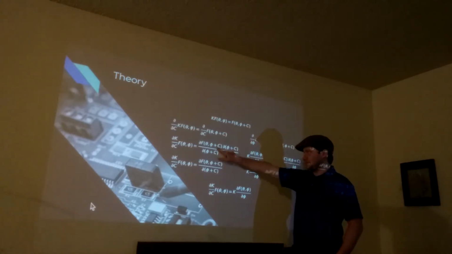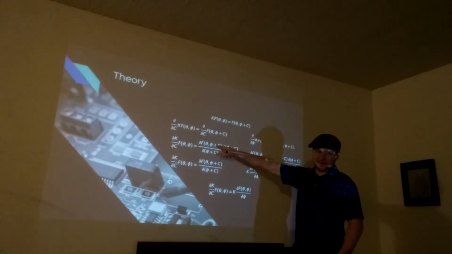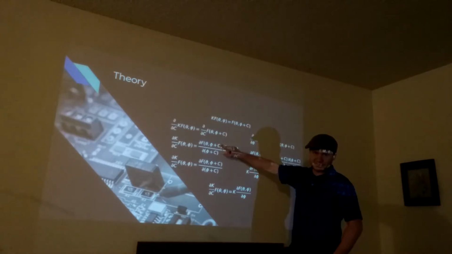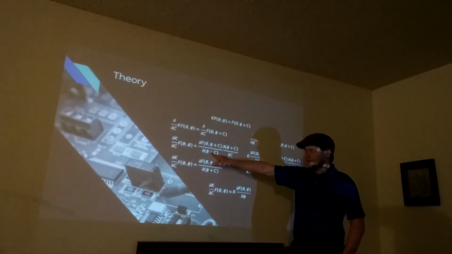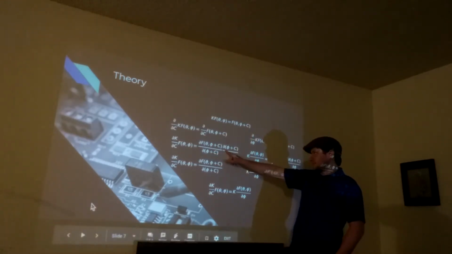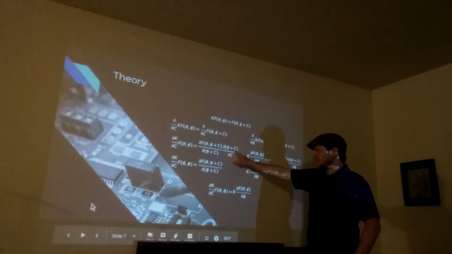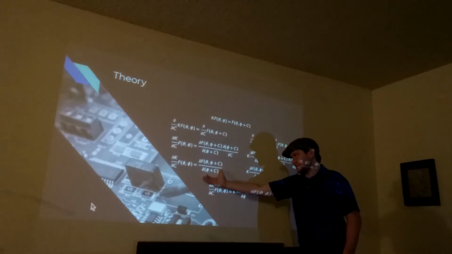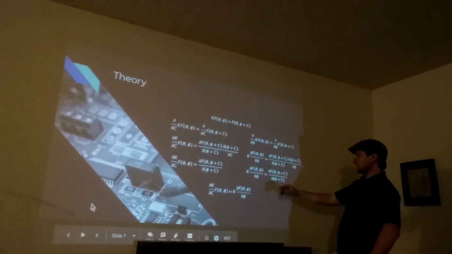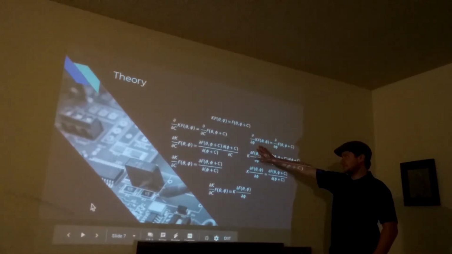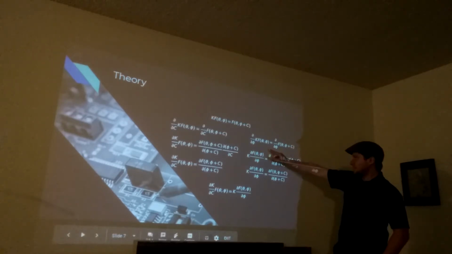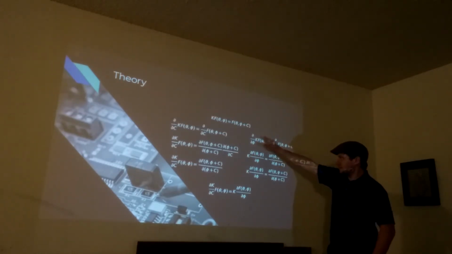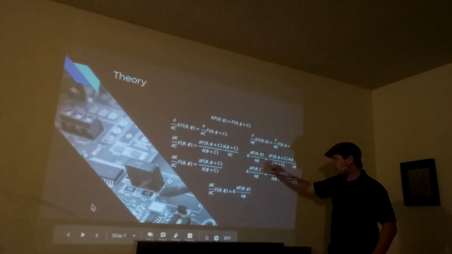Now, I was confused by this at first, but I realized that that was just the derivative with respect to the y coordinate, and then taking the derivative of phi plus c with respect to c is just 1, and that's where this comes from. Now, on the other side, if we're taking the derivative with respect to phi, k is unchanged, and we only vary the geometry, so that's why we have this here.